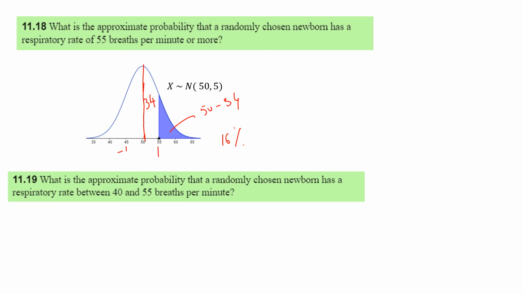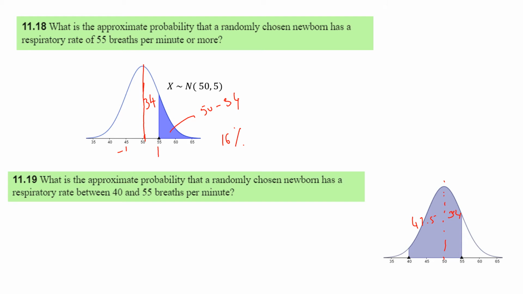What is the approximate probability between 40 and 55? Sorry, 50 to 55, this is from the center. 50 to 55 is half of 68, which is 34. Between 40 to 50, this is negative 2 sigma, so this is half of 95, which is 47.5.